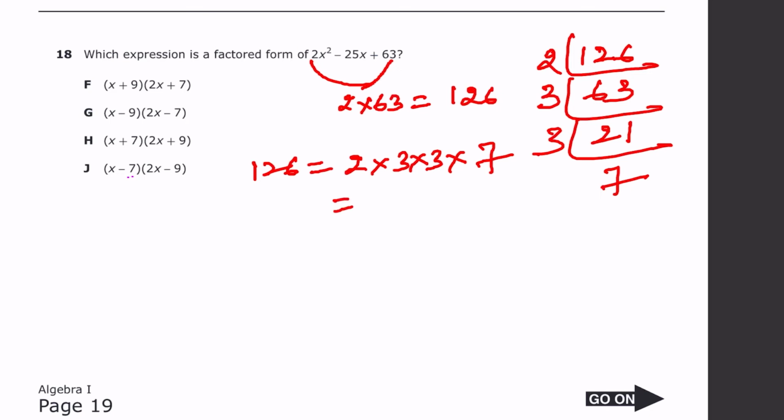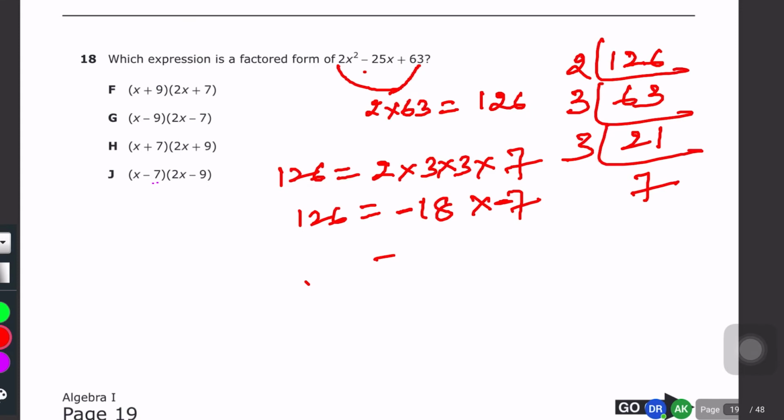So you can take 18 into 7 is 126, and because of the negative sign, you can take both of them negative. Minus 18 into minus 7 is 126, and minus 18 minus 7 will give you minus 25. So in place of minus 25x, we'll write minus 18x minus 7x.